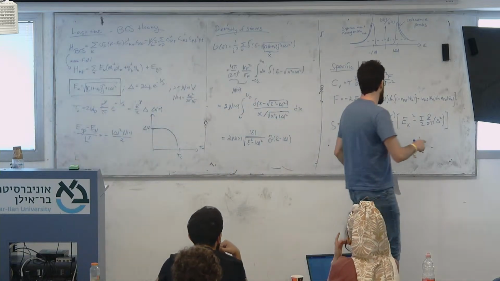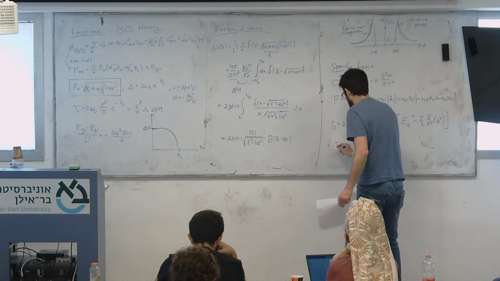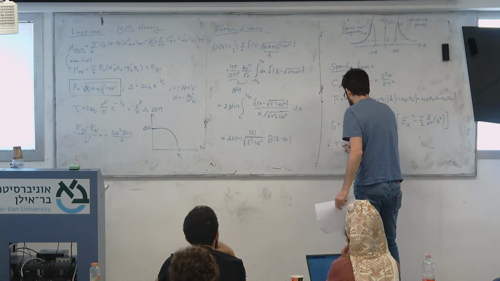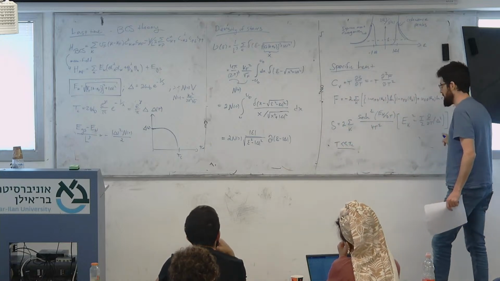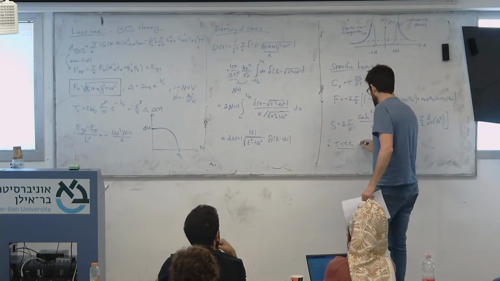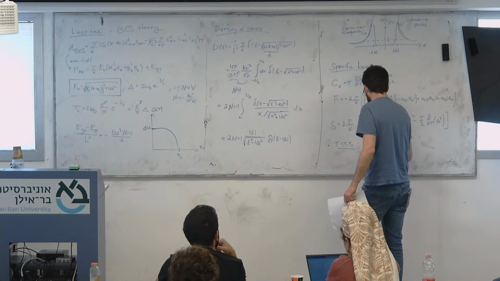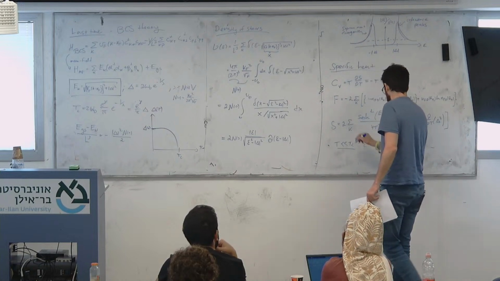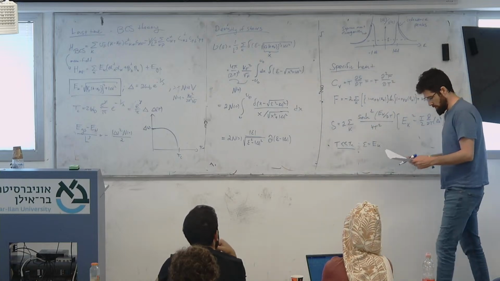Why is that important? It means that if we look at T much smaller than Tc, then this term is basically 0. So we can define epsilon equal to Ek and make a change of variables.